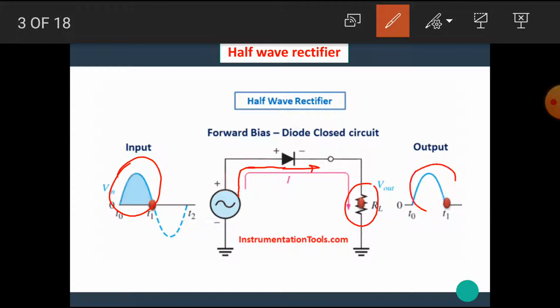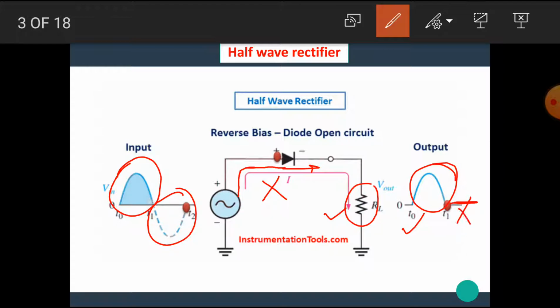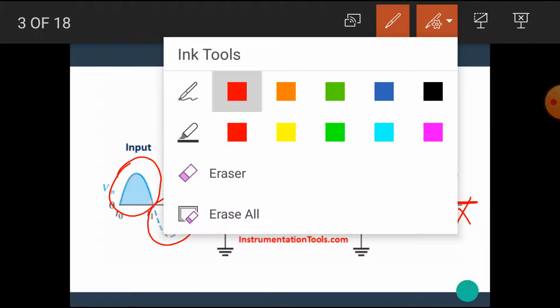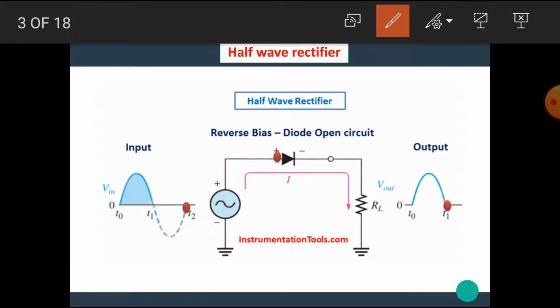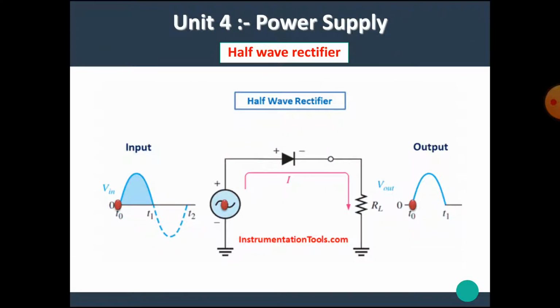That means output appears at this stage. But during the negative half cycle, the diode is in reverse bias condition. Hence no current flows through the diode and hence through the load. Hence at the negative half cycle there is no output. I hope you all now understand the operation of the half wave rectifier.